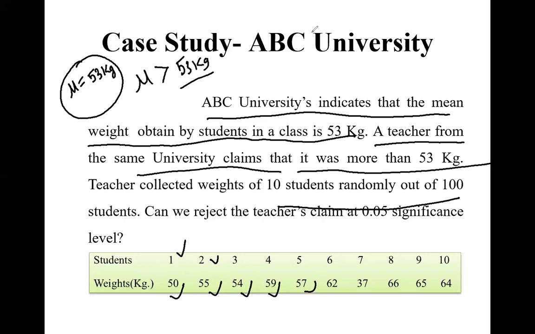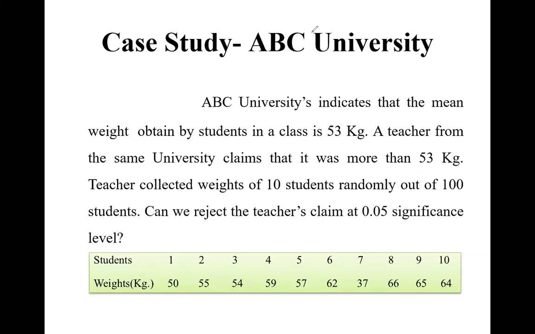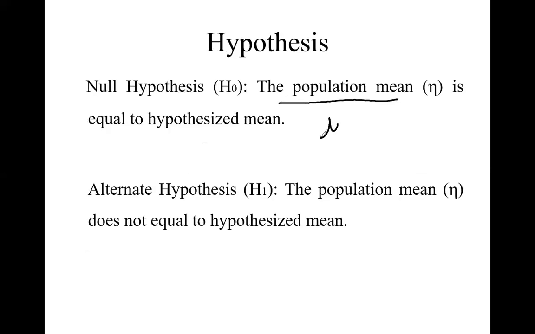Now we will develop the hypothesis. The null hypothesis says the population mean equals the sample mean. The alternate hypothesis says the population mean does not equal the sample mean.